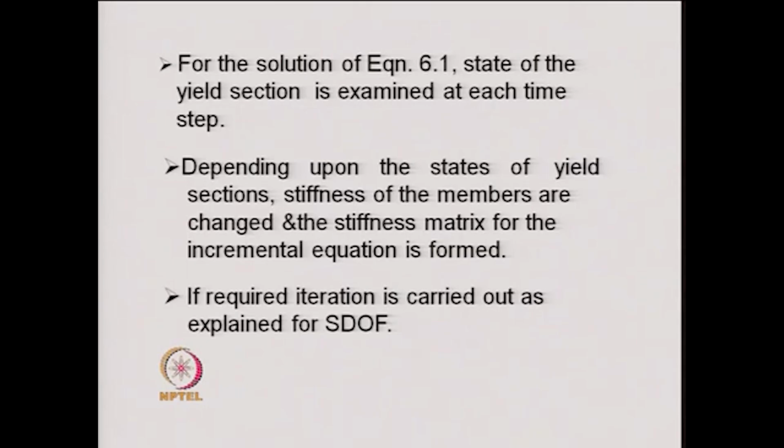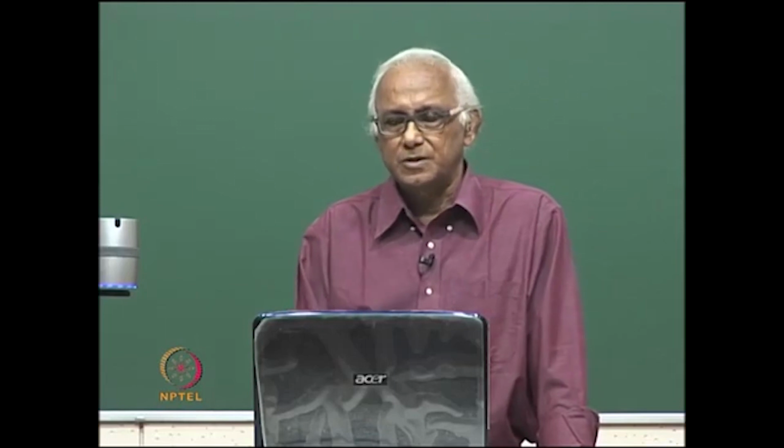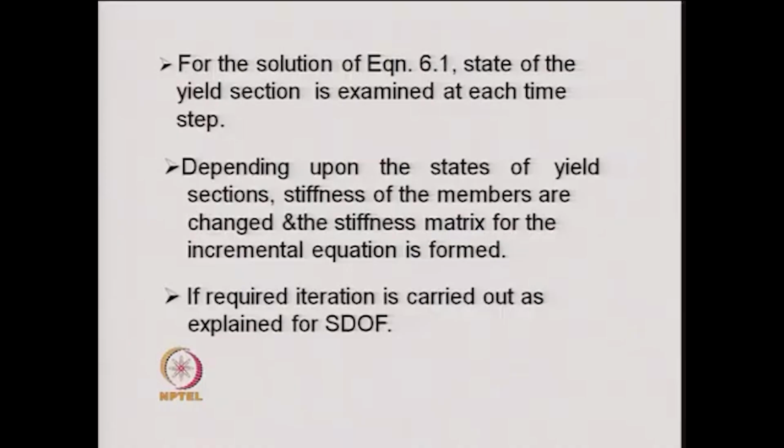The members which undergo yielding do not contribute to the overall stiffness matrix of the system, and K is set to 0 for them. If the member is in the elastic state, then the full value of the stiffness, that is K, 1.5 K or 0.5 K for the columns shown, is taken into consideration.